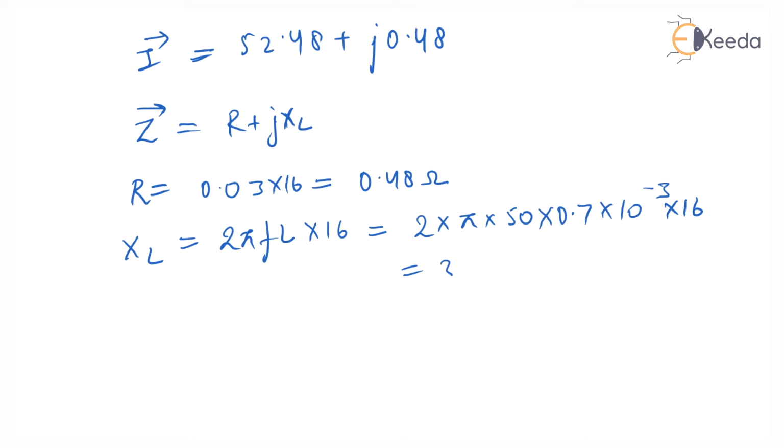So this is equal to 3.52 ohm. So vector Z is equal to 0.48 plus j 3.52.